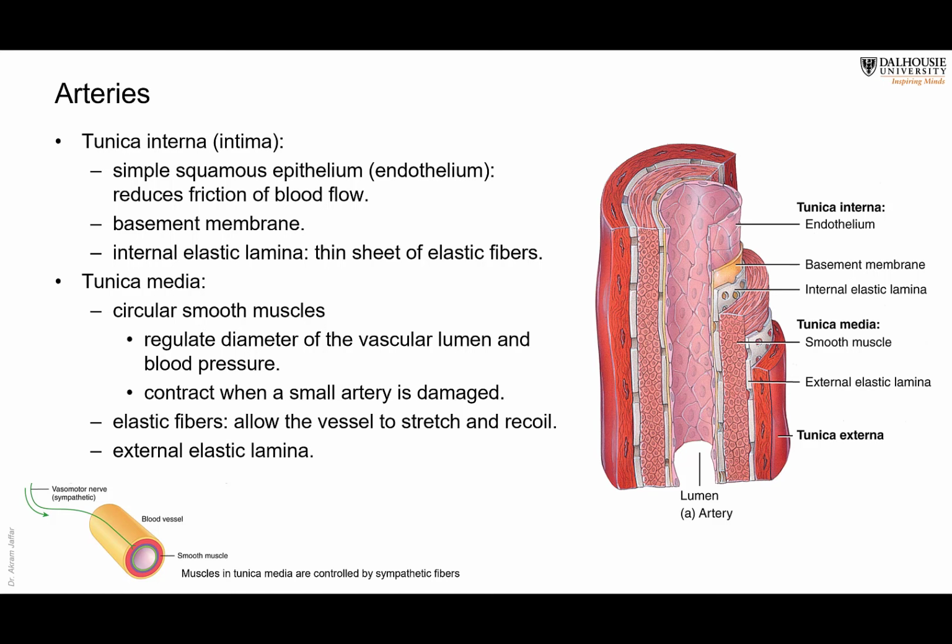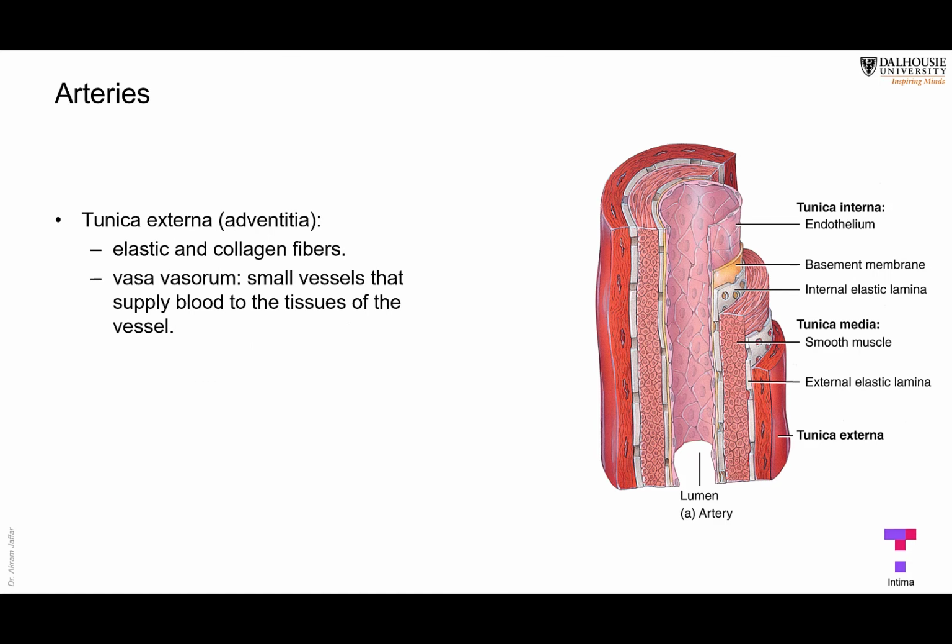I will show you the external elastic lamina in a moment. So tunica interna, basically it is a simple squamous epithelium. Tunica media is made of smooth muscle fibers, also elastic fibers as well, depending on the type of the artery.